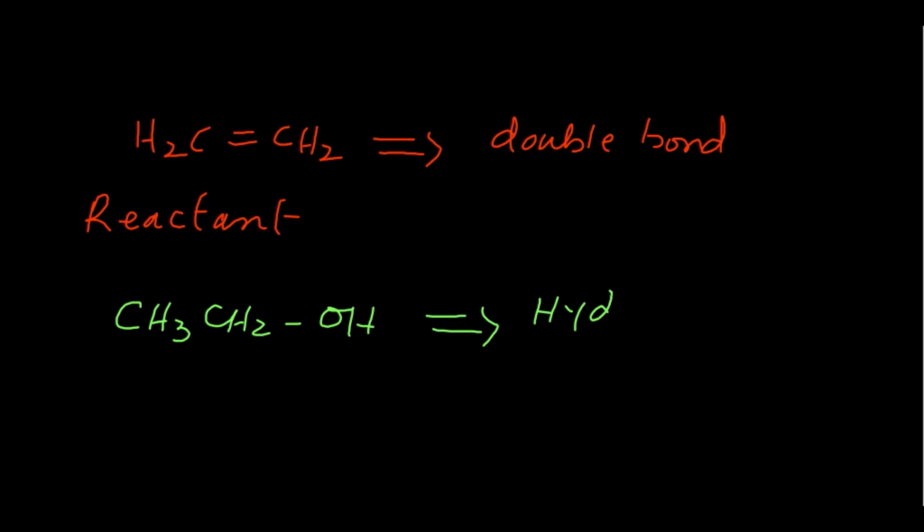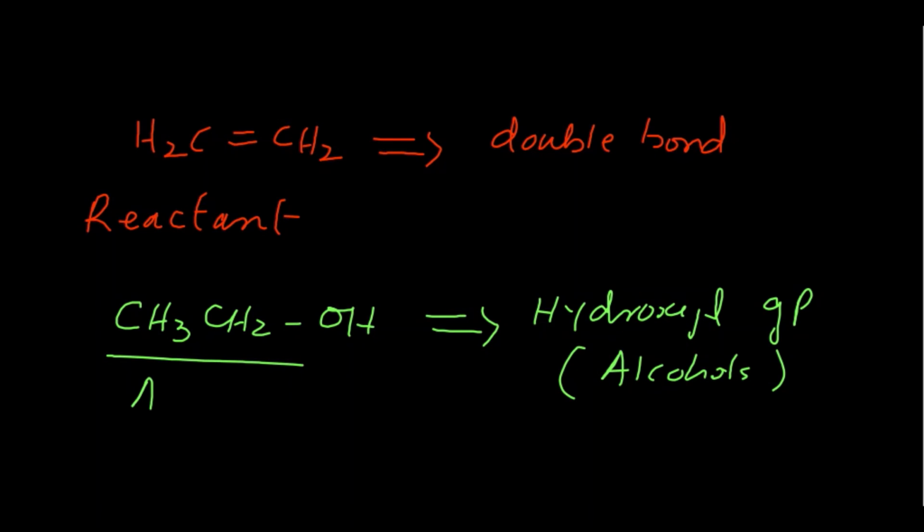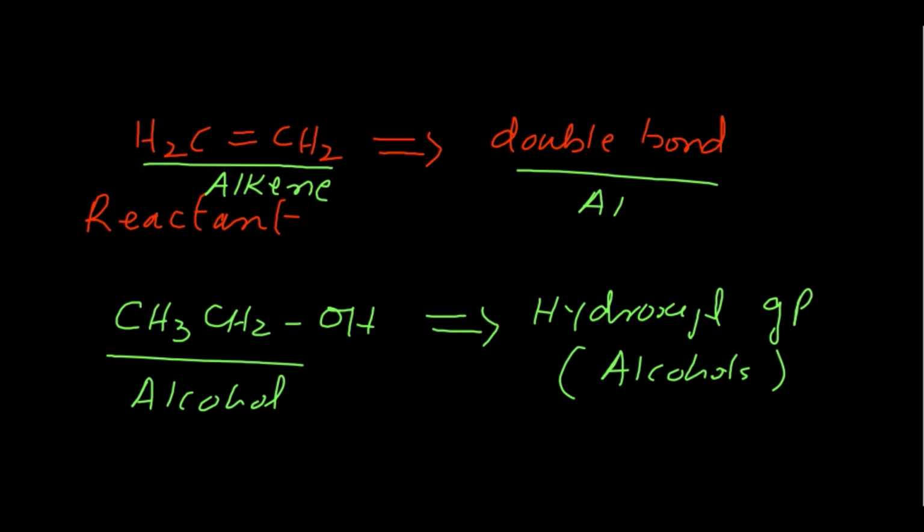Hydroxyl group. It is present in alcohols. So this molecule is alcohol, right, students? And the reactant is an alkene molecule, since a double bond is present in alkenes. I hope these questions are clear to you, students.